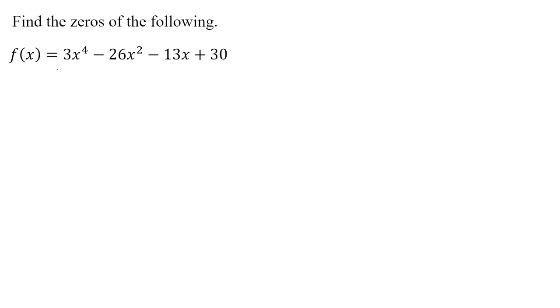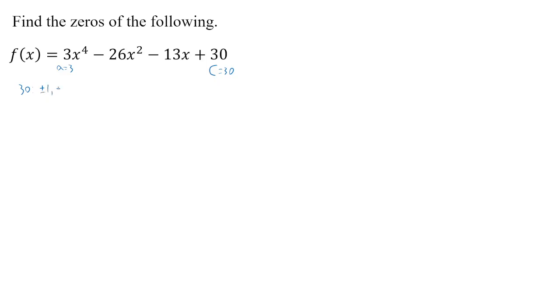A is 3 and C is 30. Next, we're going to find all our factors of 30.